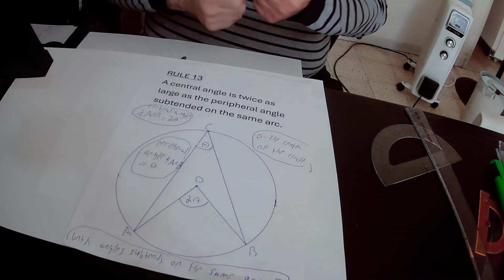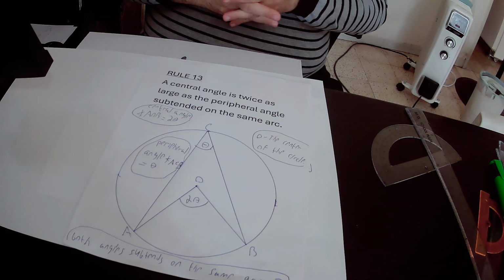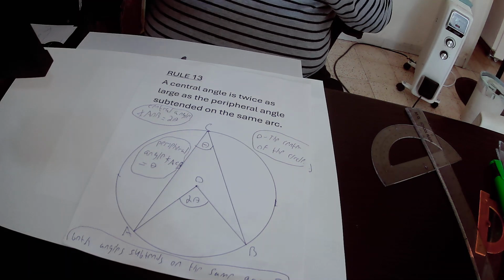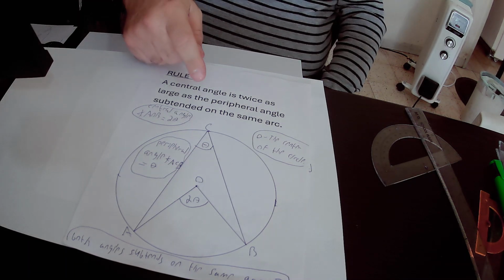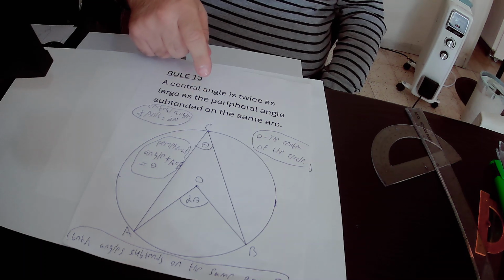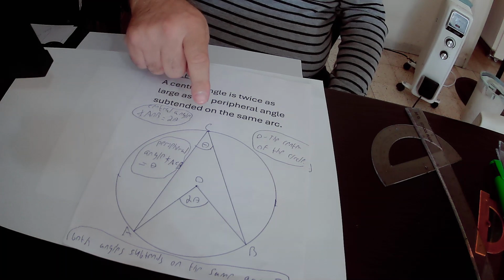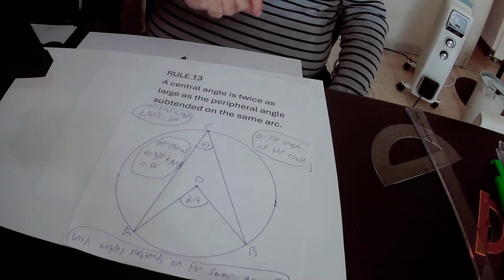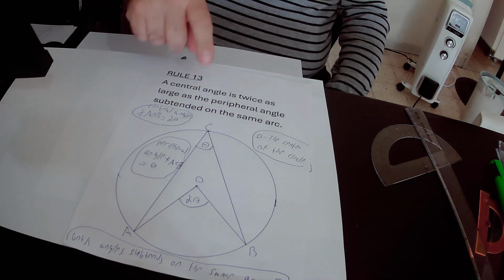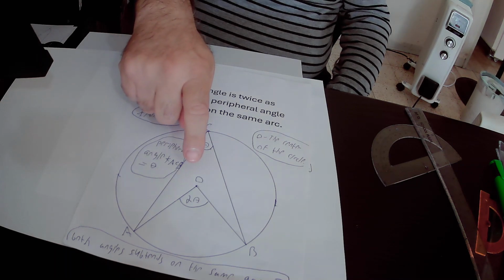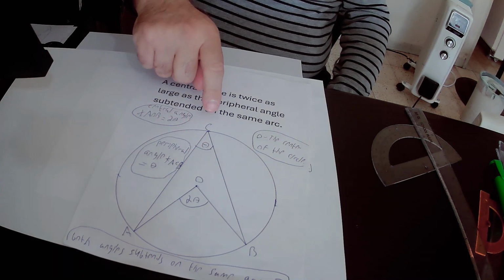And because the peripheral angle is subtended on the arc, and the central angle is subtended on the same arc as this peripheral angle, the central angle must be twice as large as this peripheral angle.